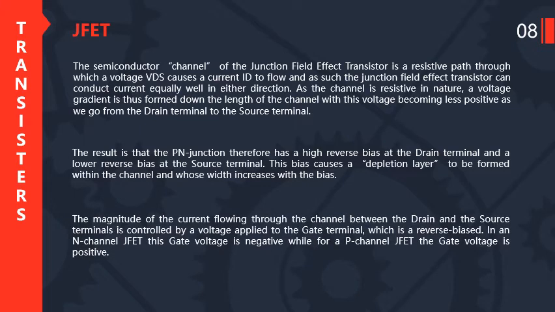The magnitude of the current flowing through the channel between the drain and the source terminal is controlled by a voltage applied to the gate terminal, which is reverse biased. In an N-channel JFET, this gate voltage is negative, while in the P-channel JFET, this gate voltage is positive. तो नॉर्मली हमारा जो एन चैनल होगा उसमें जो गेट वोल्टेज की वैल्यू रहेगी वो नेगेटिव रहेगी और पी चैनल जो रहेगा उसमें हमारी जो गेट वोल्टेज की वैल्यू रहेगी वो पॉजिटिव रहेगी.